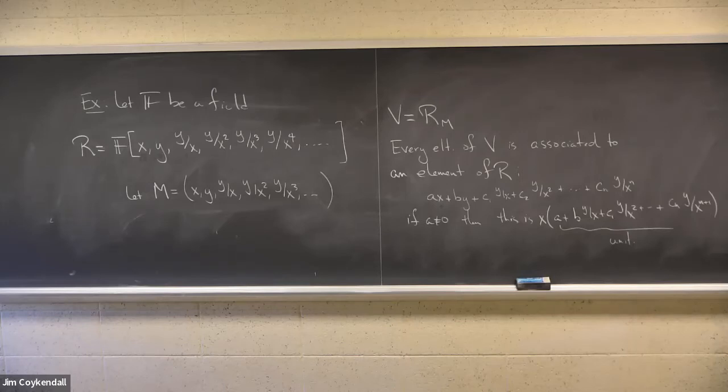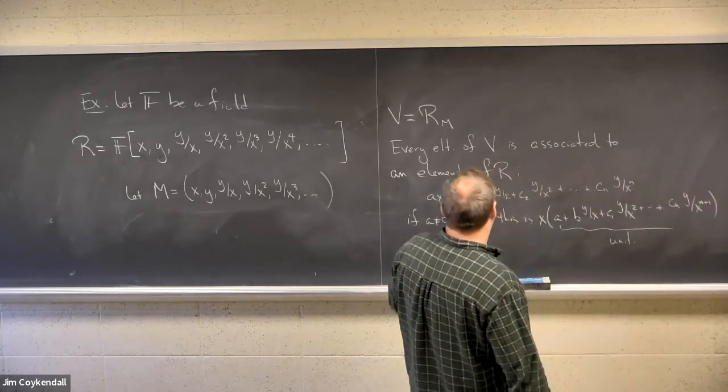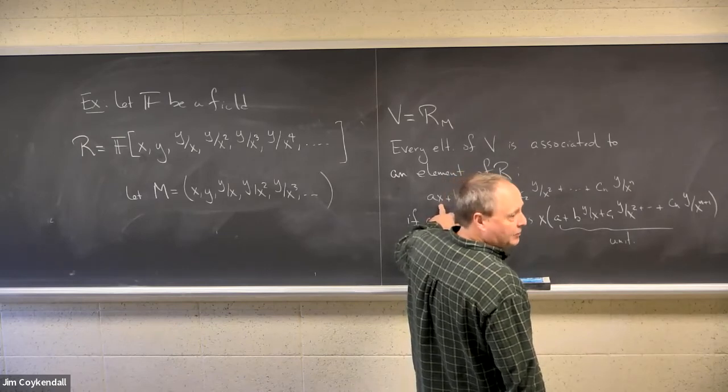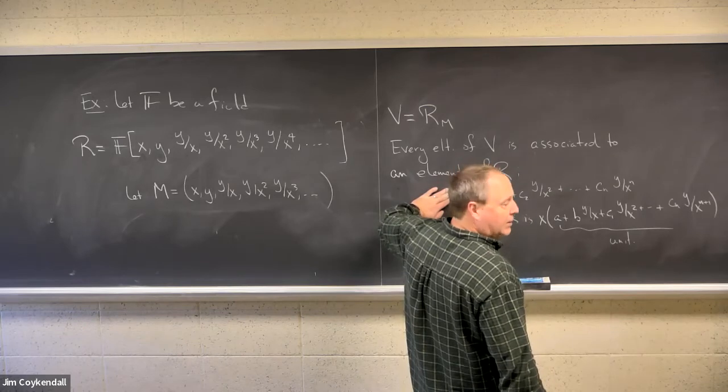By saying if a is not equal to 0, then we can pull this out like that. Do you mean then this would be a unit? If a is 0, can we still pull an x out? What I want to do is claim that this element is x times a unit. I could certainly pull an x out of that, but it didn't do me any good, right?